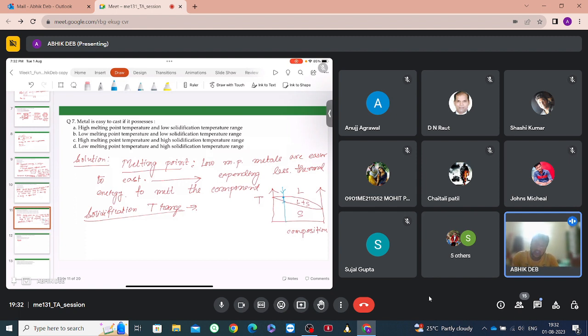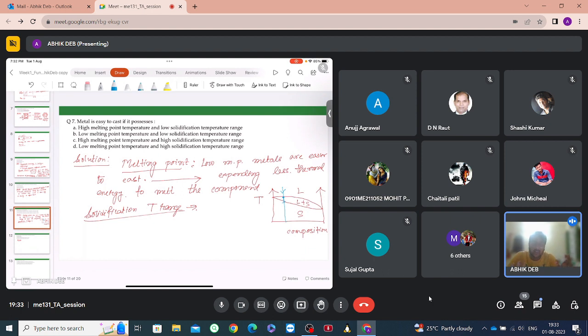Suppose in the direction of solidification, some region has already solidified and some other region still remains in the liquid phase. Depending on the composition, it may be such that the liquid remains entrapped by this solid.